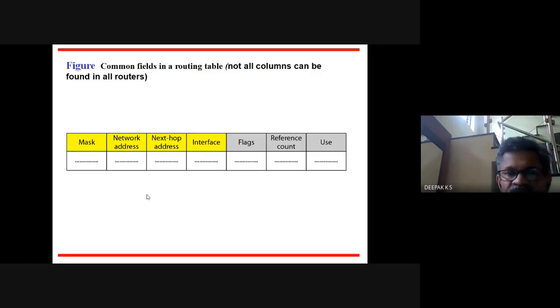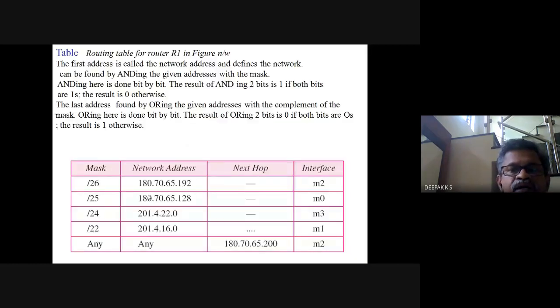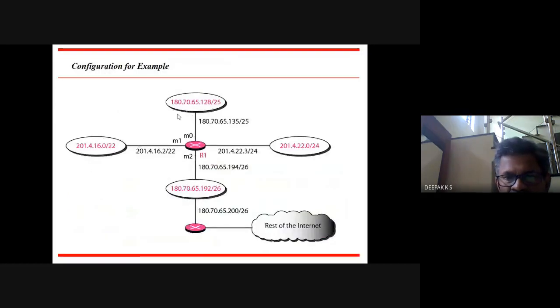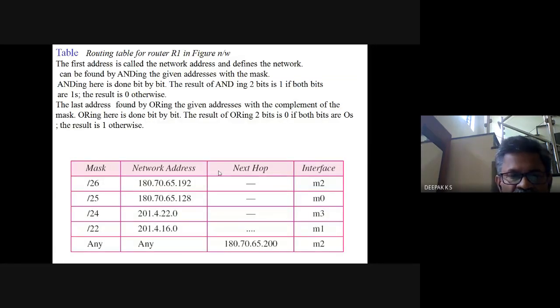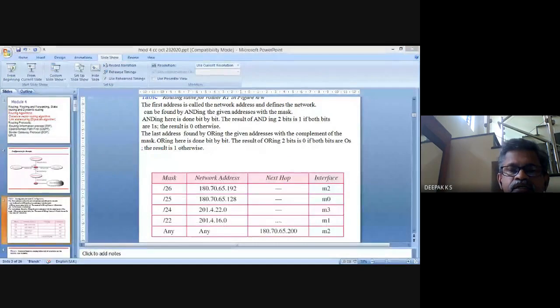And by knowing this mask, for whatever packet or datagram is coming, stripping the header, looking at the destination address and finding the match, it will forward. So that is all for today, and we will continue in the next class.